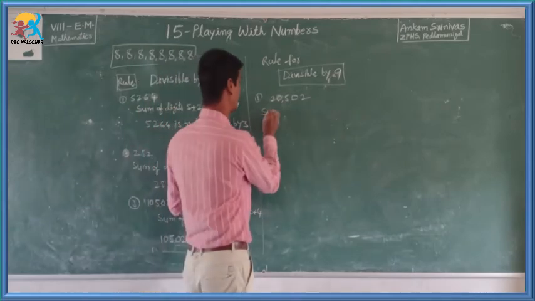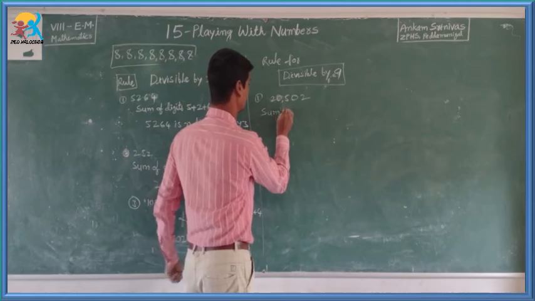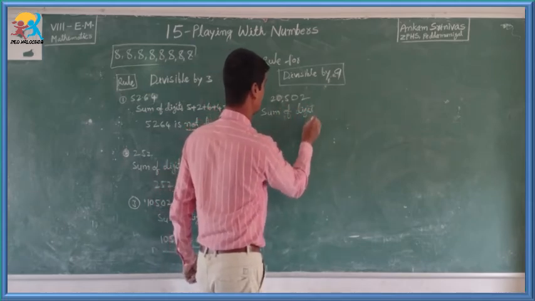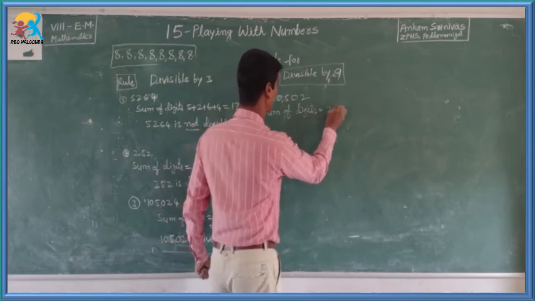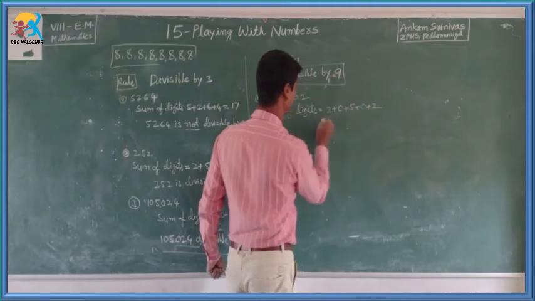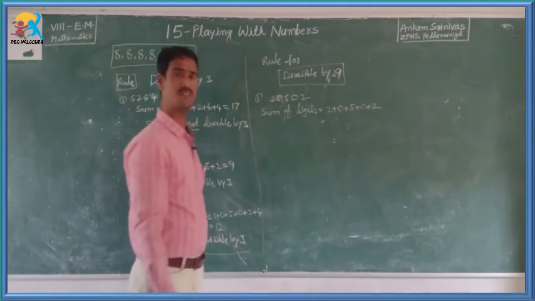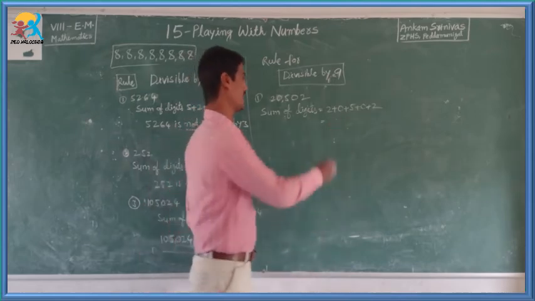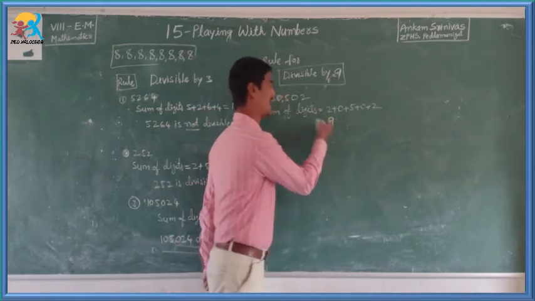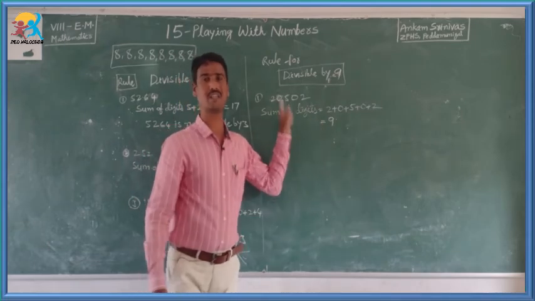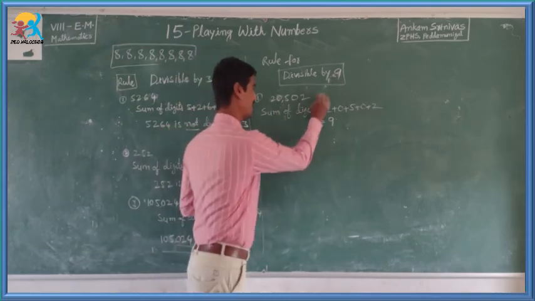So find the sum of digits: 2 plus 0 plus 5 plus 0 plus 2. Here 2 plus 0, 2. 2 plus 5, 7. 7 plus 2, 9. So 9 ones are 9. 9 comes in the 9 table. So the given number is divisible by 9.